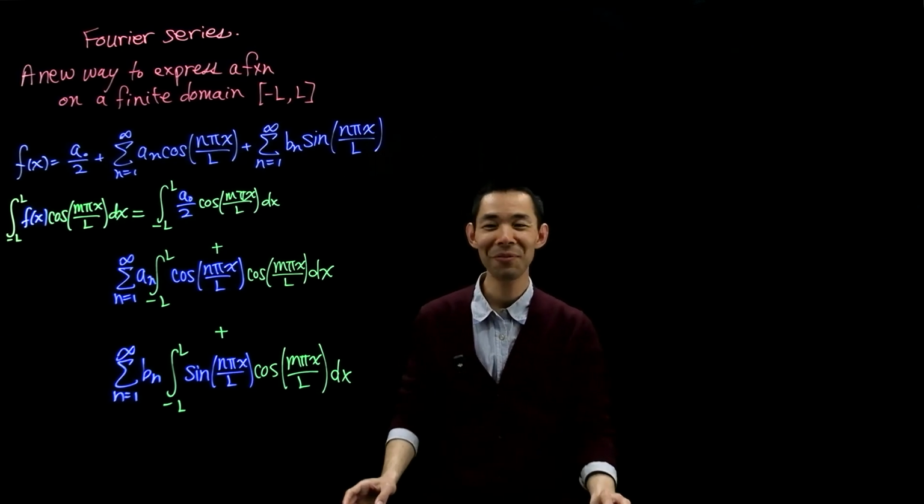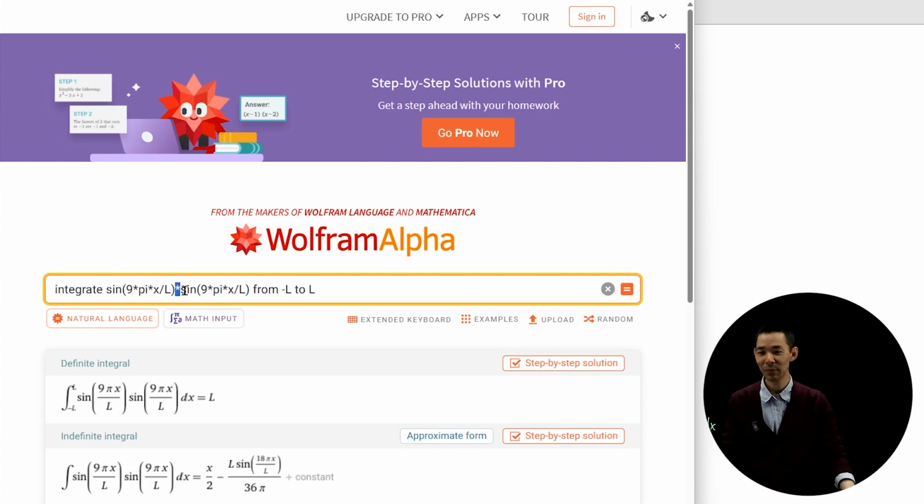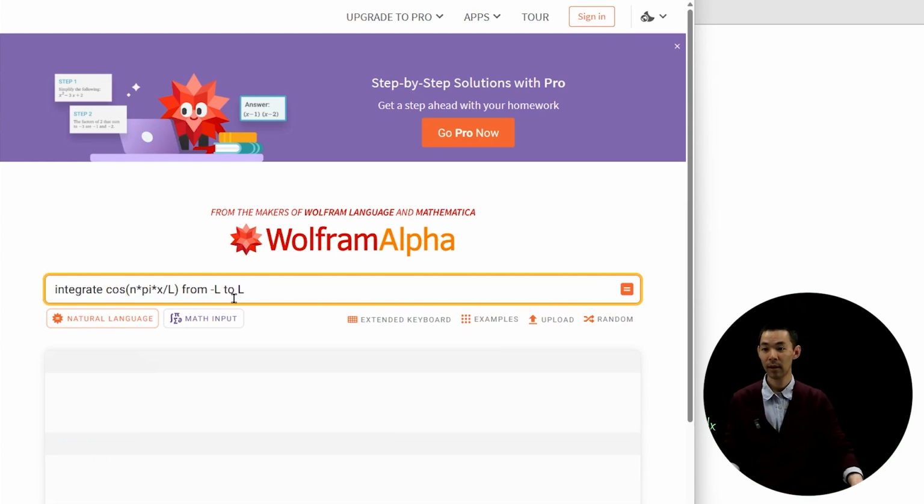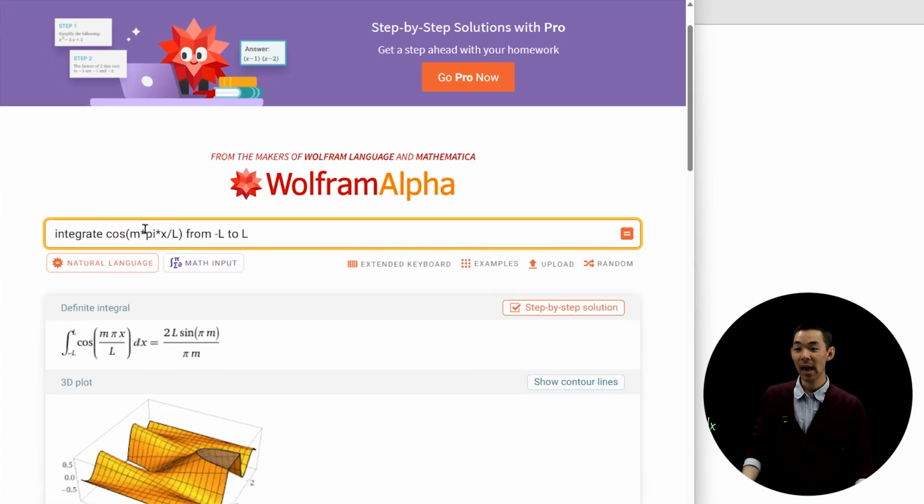Just to convince you, let's do that. So we have cosine m pi x over L integrated from negative L to L. This is equal to, apparently, 2L sine m pi divided by m pi. Now, sine of m pi.